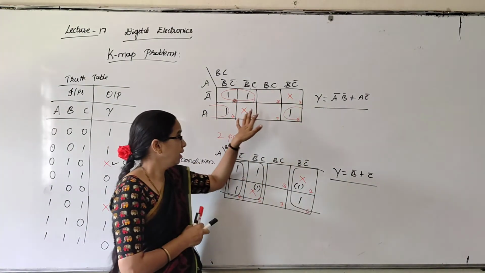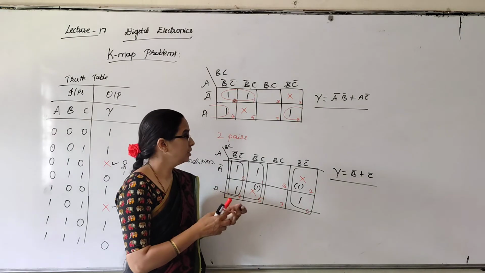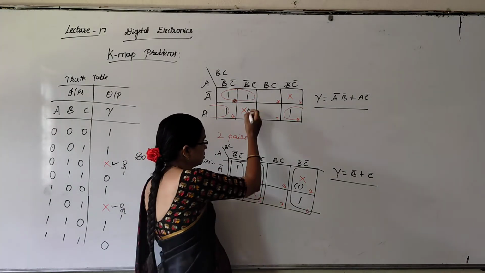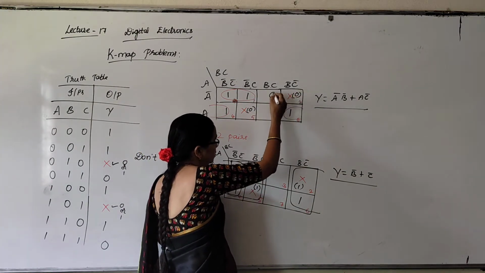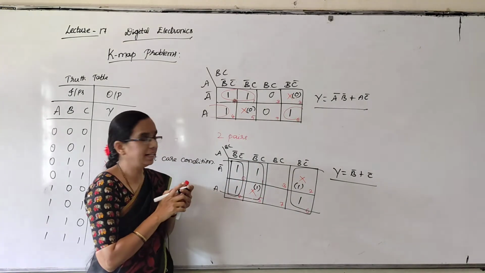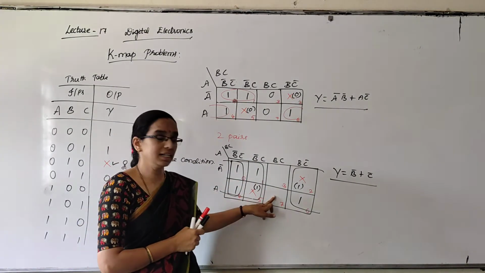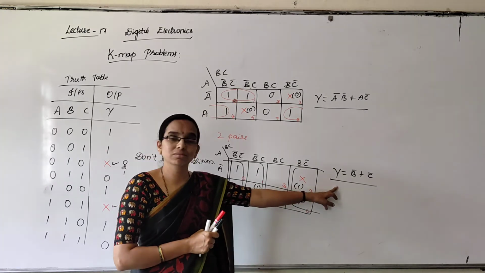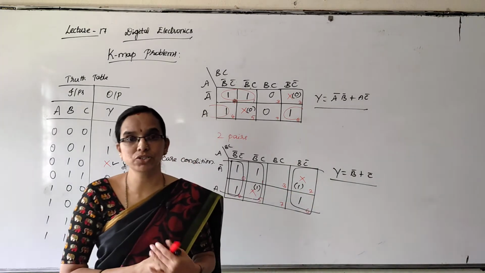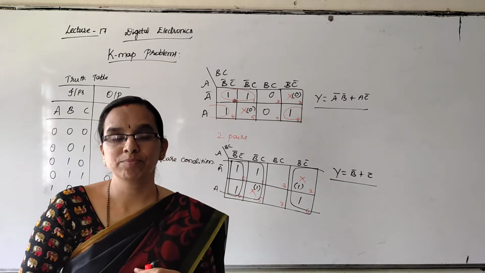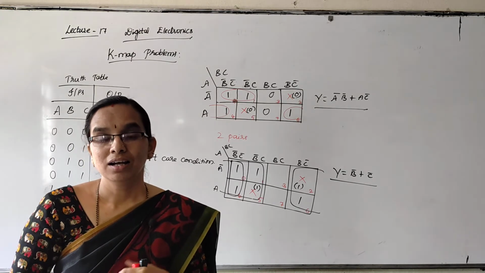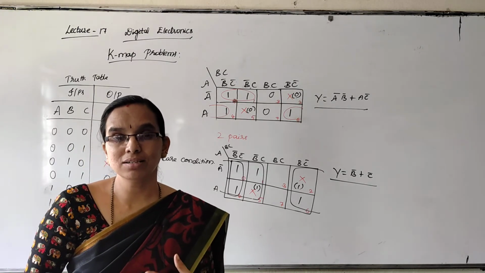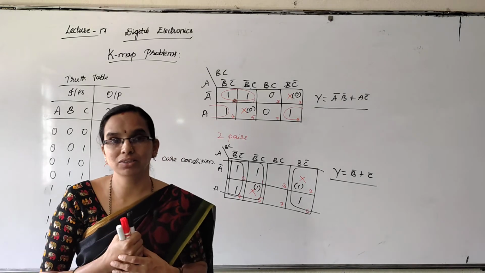Here I have considered these two as 0 only, others are 0 only, so that I did not consider as 1. Here I considered them as 1, so I could reduce the expression even simpler. So it is our convenience to consider the don't care conditions either 1 or 0.